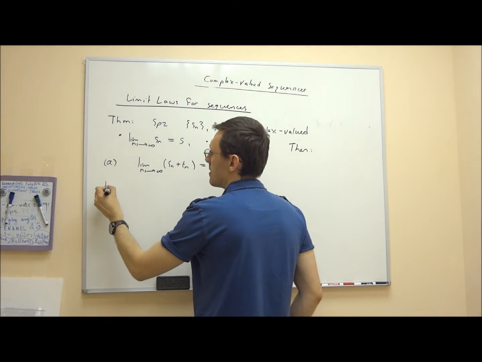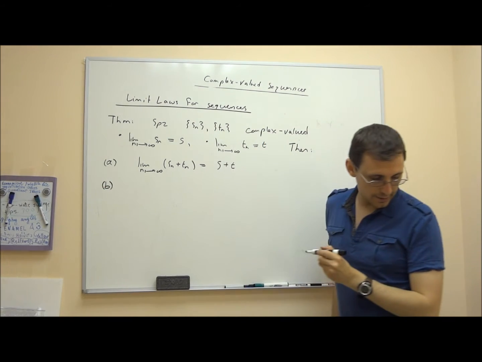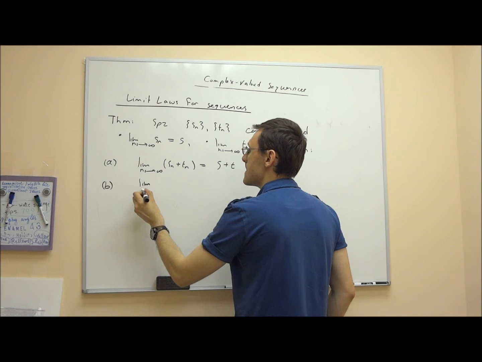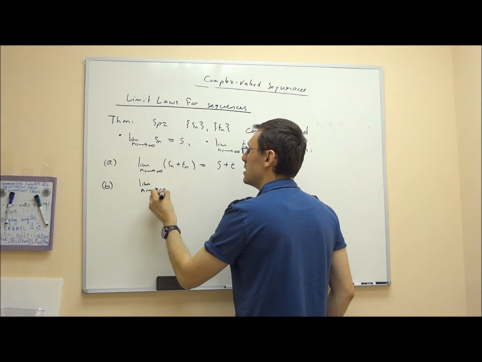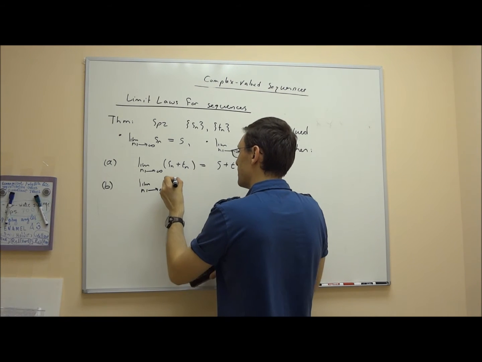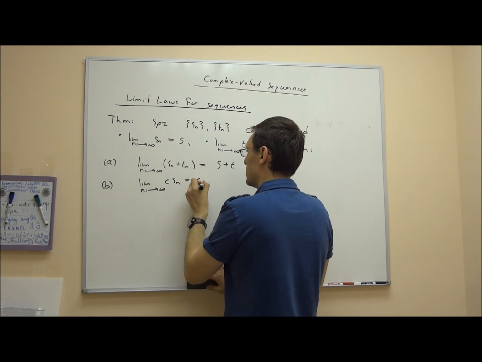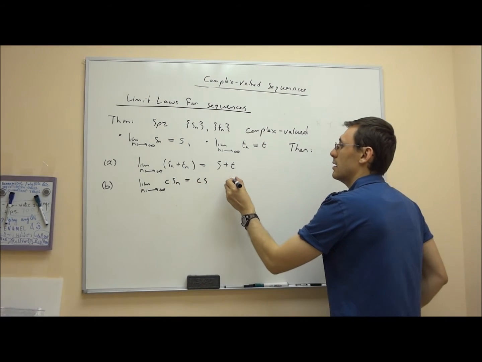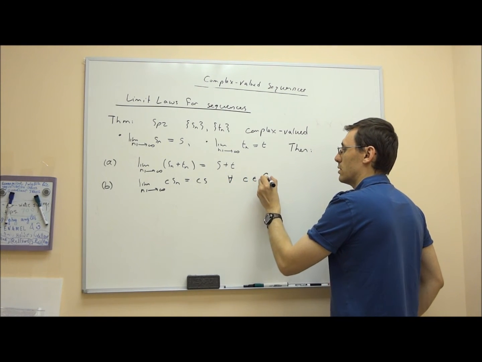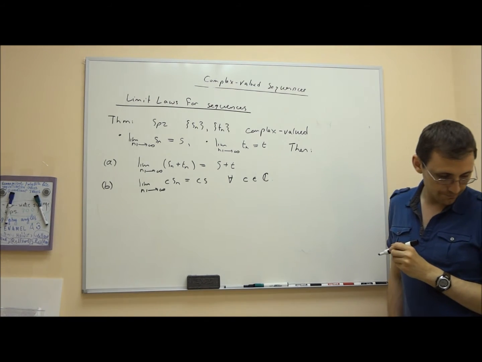Part B, we have that the limit as n goes to infinity of C times Sn is equal to CS for all constants C belonging to the complex field.